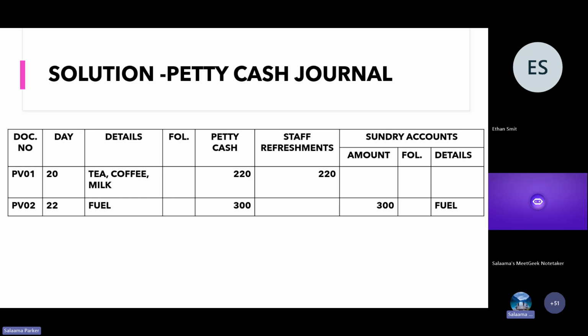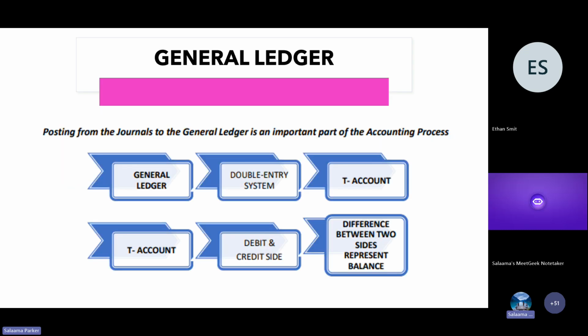Okay. Right. Now the next step after your journals is your general ledger. Okay, so what do we do in our general ledger? This is where we apply our double entry system. We know it's T accounts, and on our T accounts we have 2 sides, which is a debit side and a credit side, also known as a left-hand side and right-hand side of our T accounts.